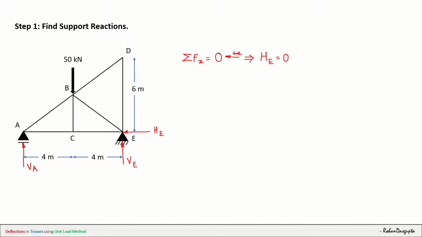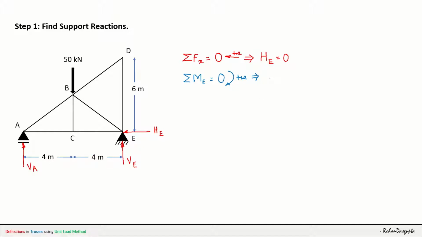Now next I can go for summation of moment about E is equals to 0, and let me take clockwise moment as positive. All right, so let's come from left to right. So if you see, this VA will have a clockwise moment, right? So VA multiplied by 4 plus 4, because the perpendicular distance from the line of action of VA to E is this entire length AE, which is 4 plus 4, 8.